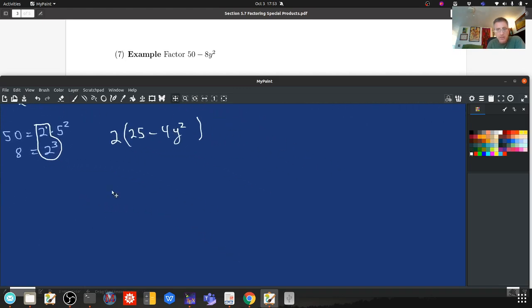So now the question is, can I do anything else? So I have factored it. I pulled out a non-trivial greatest common factor. Well, what is the square root of 25? It's equal to 5. What is the square root of 4y squared? Well, it helps to realize that 4 is 2 squared, times y squared.